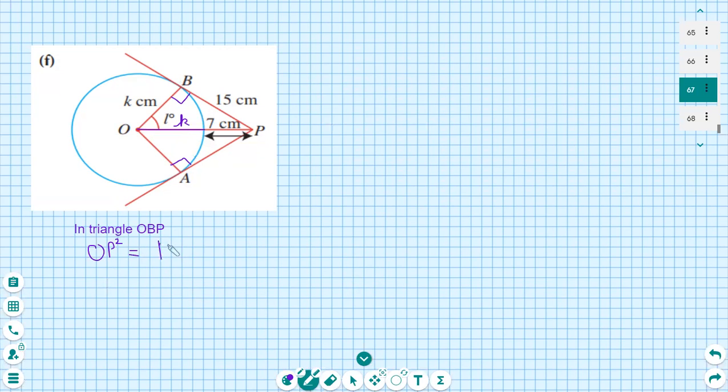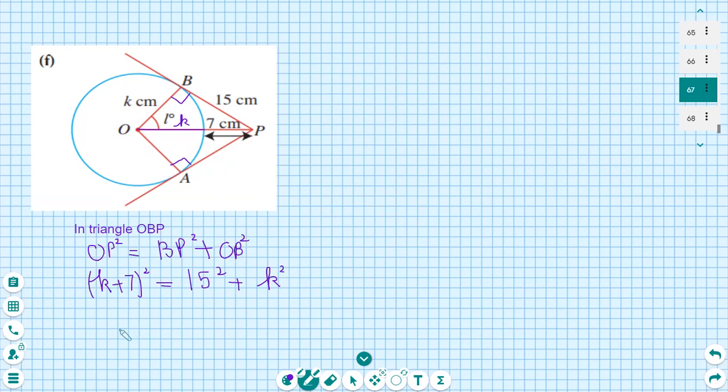The first one is BP square and the second one is OB square. Okay, inserting the values. OP is actually K plus 7 whole square. Similarly, BP is 15, 15 square, and OB is K square.